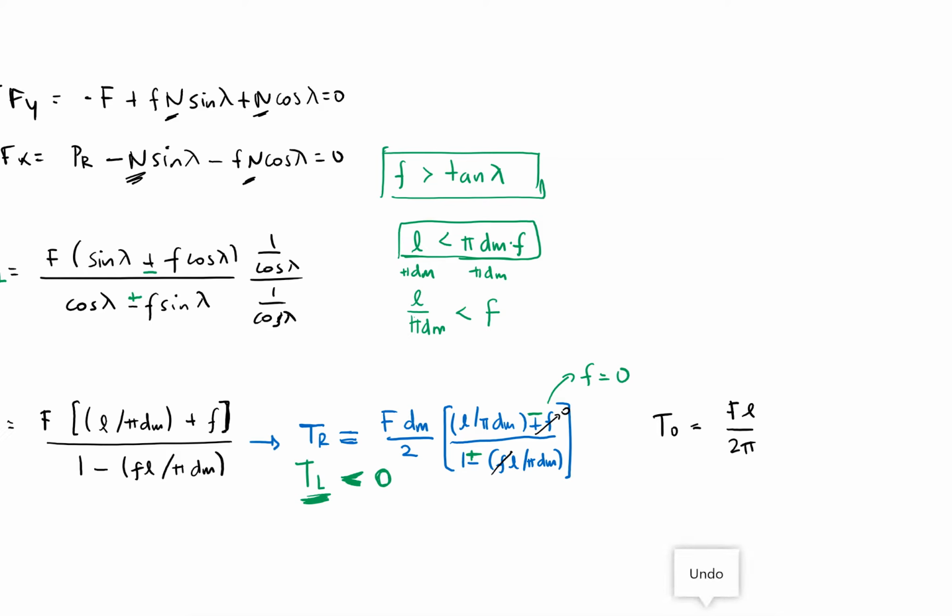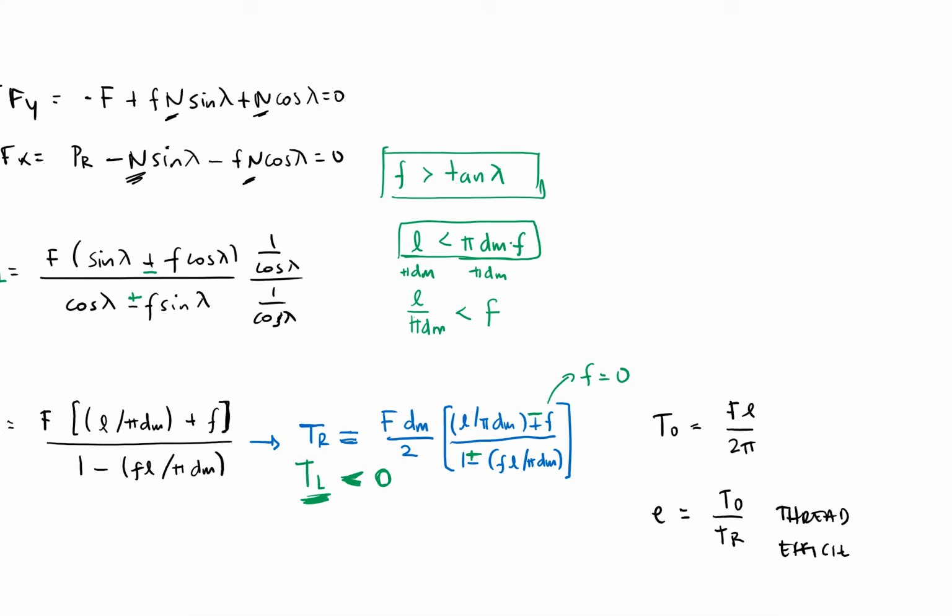I'm going to erase that because I'm probably going to use that equation later, but this would be the ideal one. And then the efficiency would just be T0 over TR, and that refers to the thread efficiency.